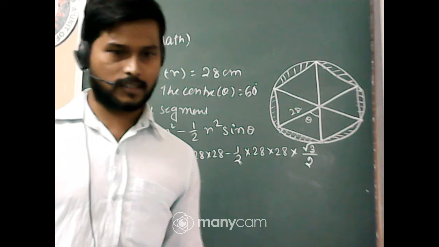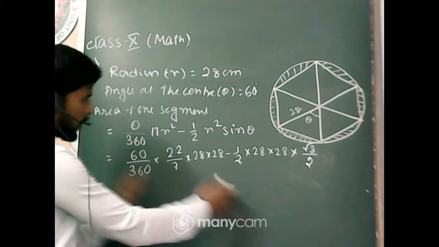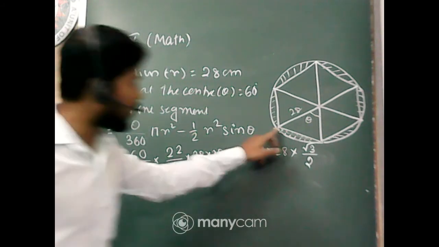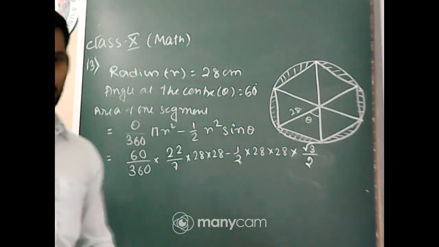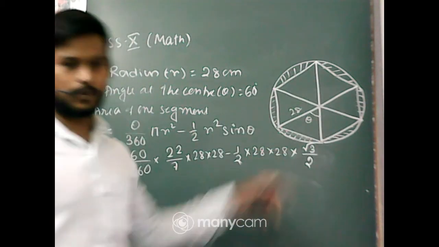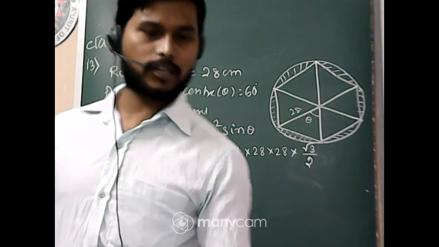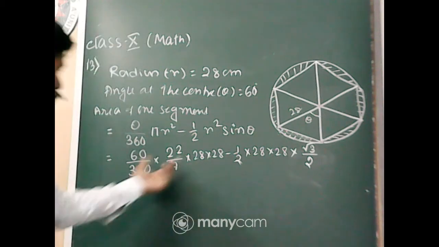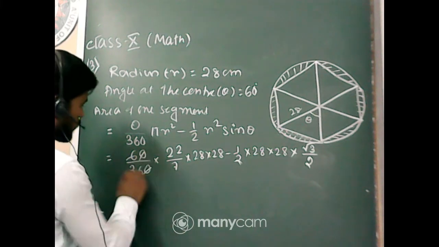Now do this calculation first and this calculation, and then subtract. You will have the area of one segment, and then multiply it by 6. We have the total area. When the total area is known, then multiply the result by 0.35 rupees. So do the calculation and tell me the result.